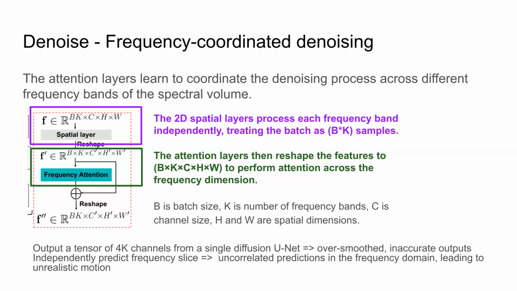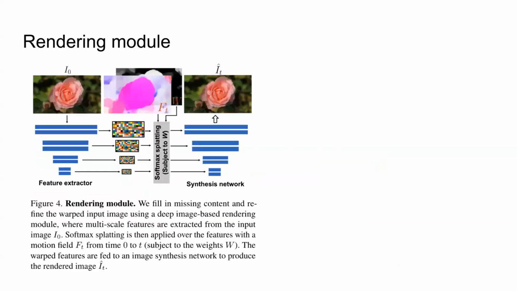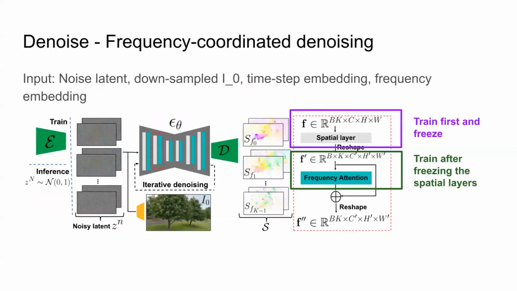Yeah. So in total, this gives you how the noise part and the denoising part work together, and then they output the spectrum volume, which tells the motion trajectory for each pixel. That's the prediction module.